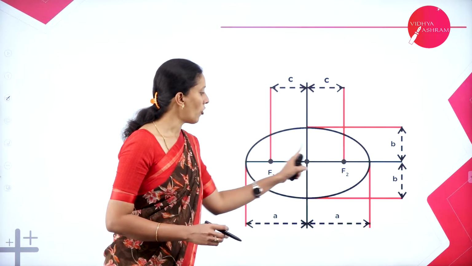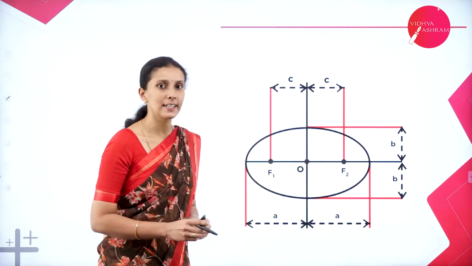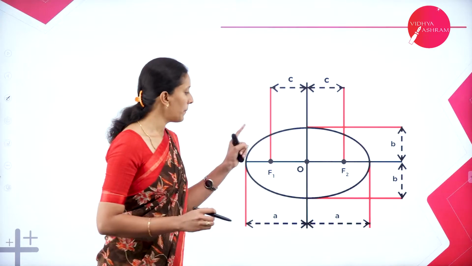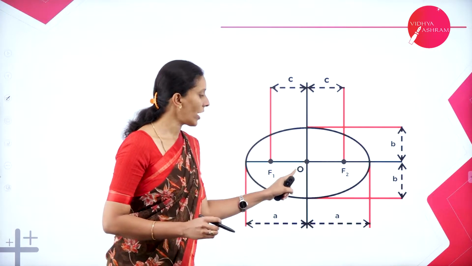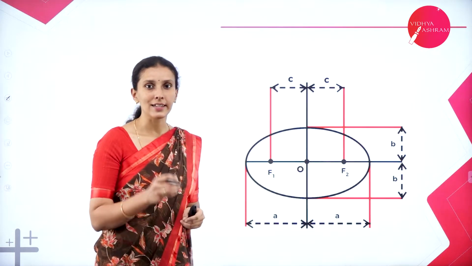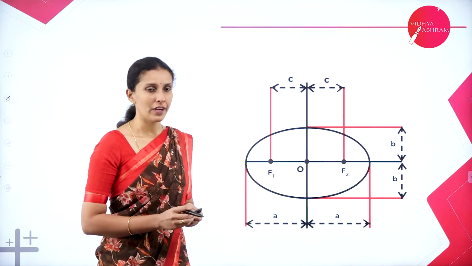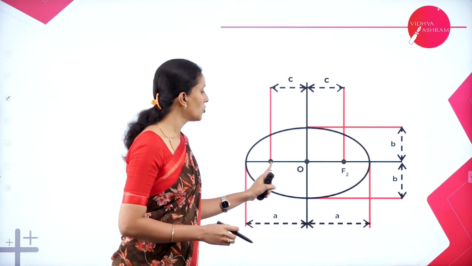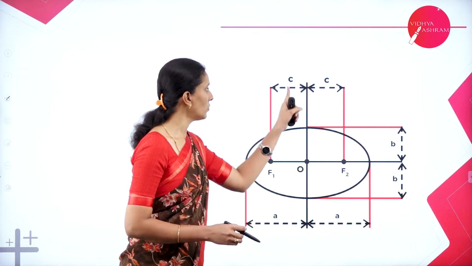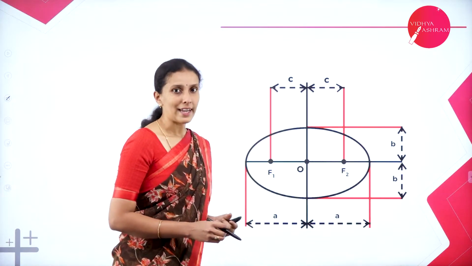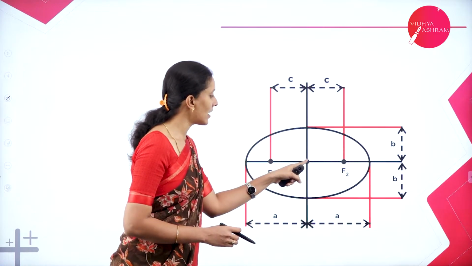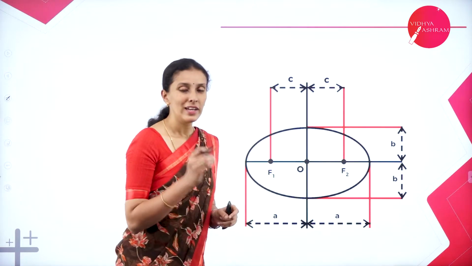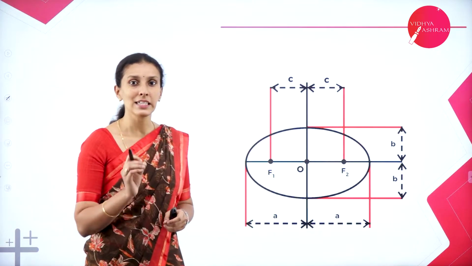The midpoint of these two focuses, which I have written as O, is considered as the origin or the center of the ellipse. The distance from the center to focus 1, and from the center to focus 2, is a constant and it is taken as C.